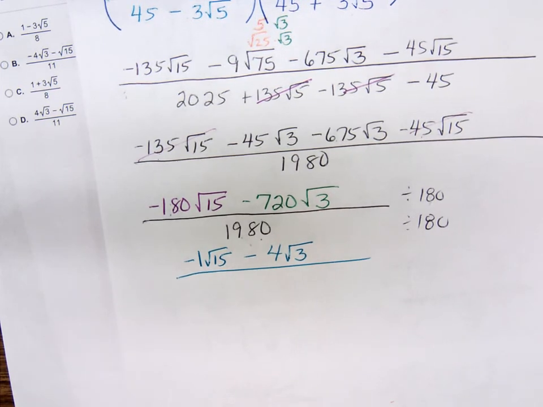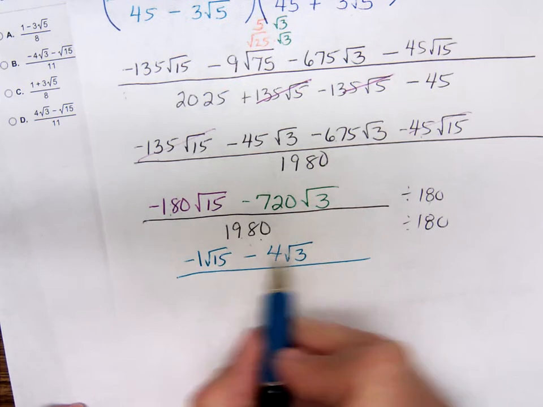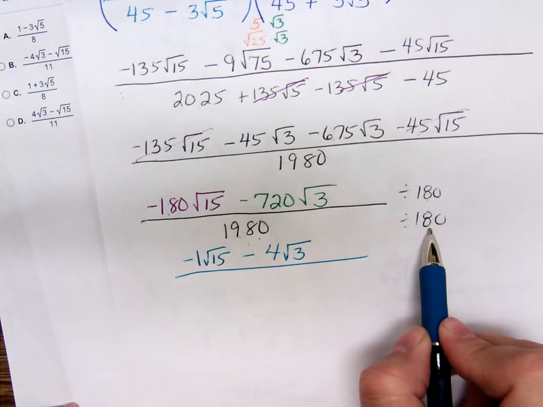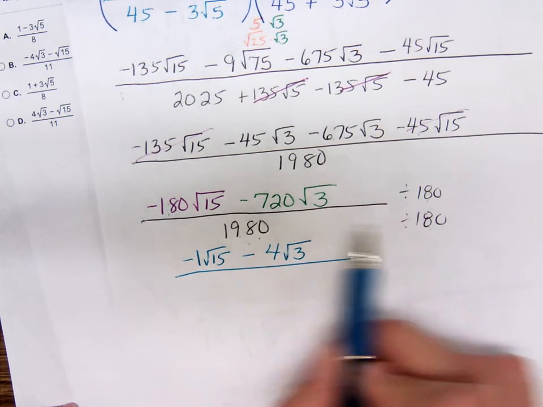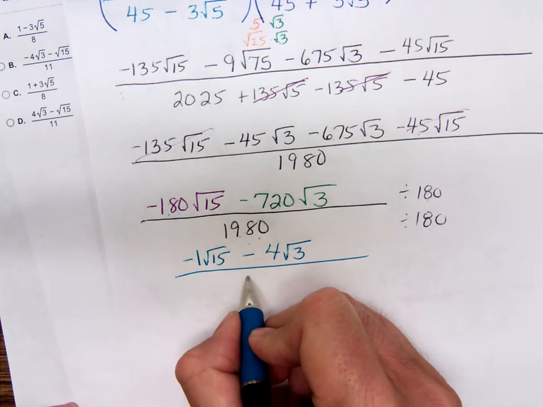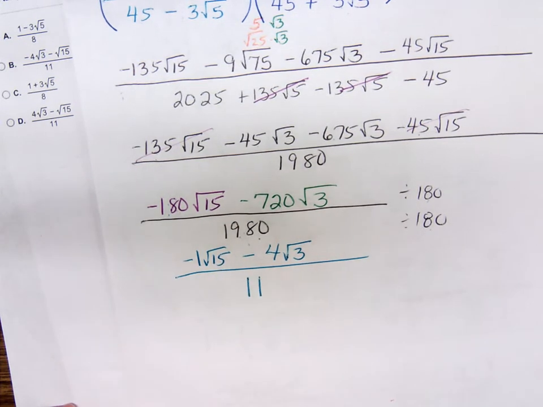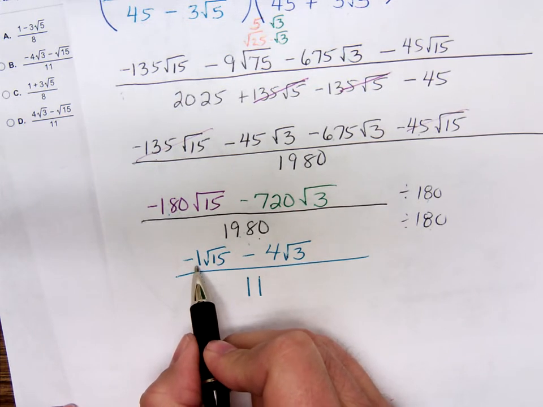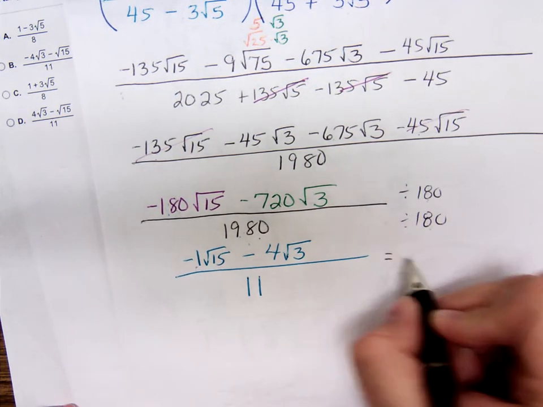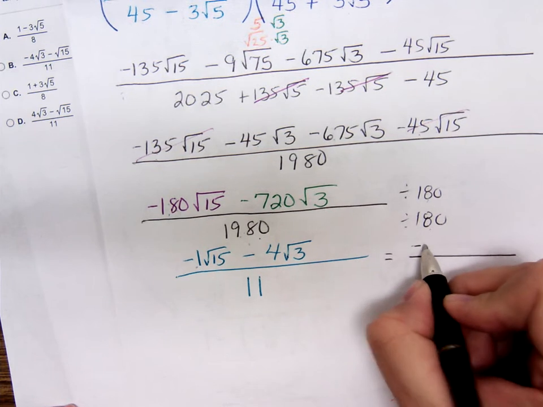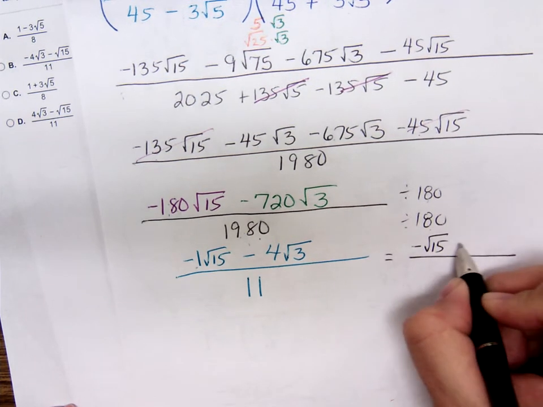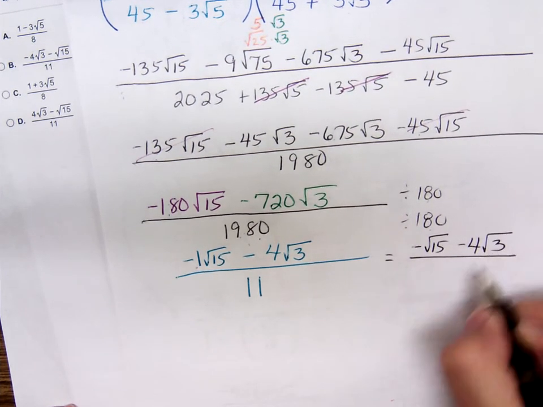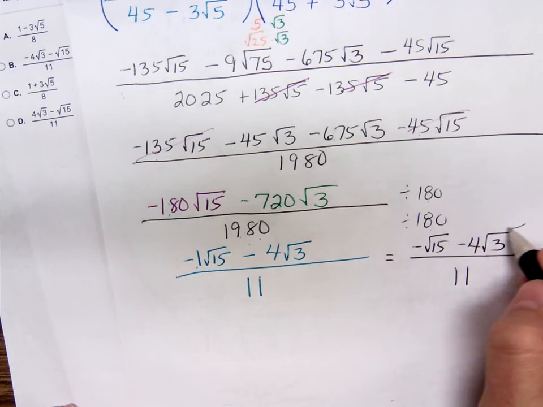All over 1980 divided by 180 is 11. So I guess I wrote this 1, I didn't really need it. I would just write negative square root of 15 minus 4 square root of 3 all over 11.